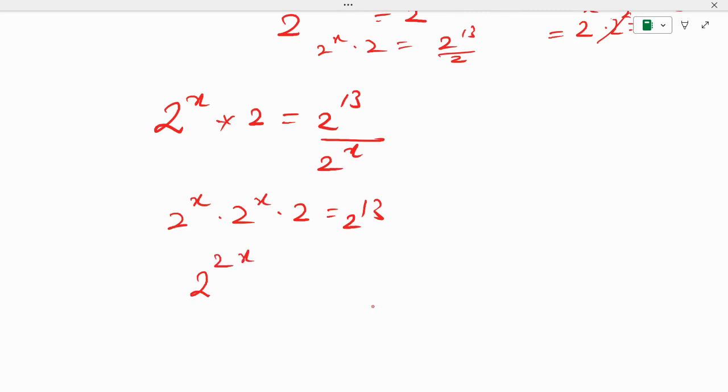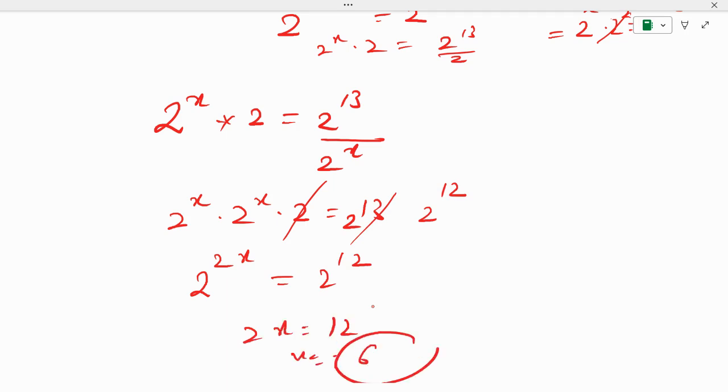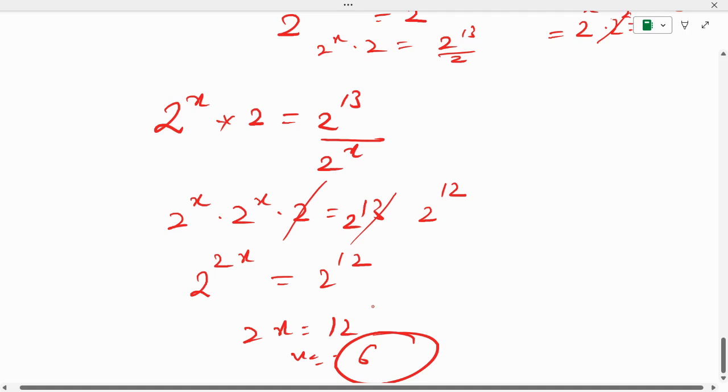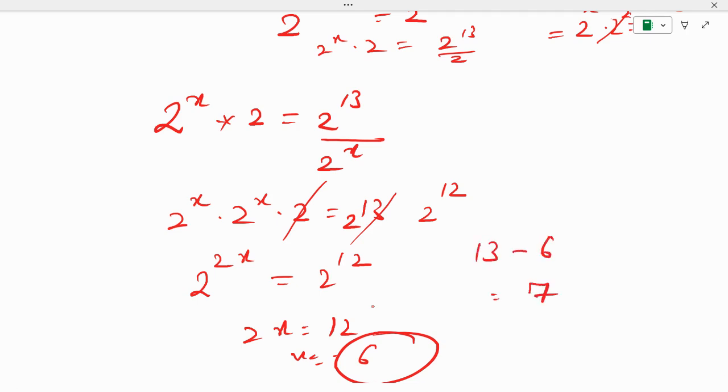Okay, and we are just using this as 12. So 2 raised to the power 12. So 2x is equal to 12 and x is equal to 6. That's how we calculate x. And if we have calculated x, we can calculate 13 minus 6, that is 7. So we can calculate the segment size as 2 raised to the power 7.